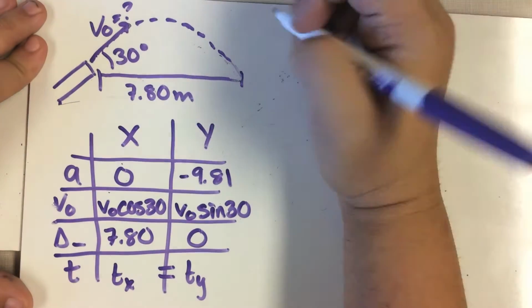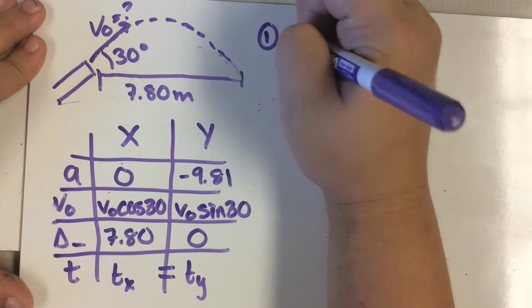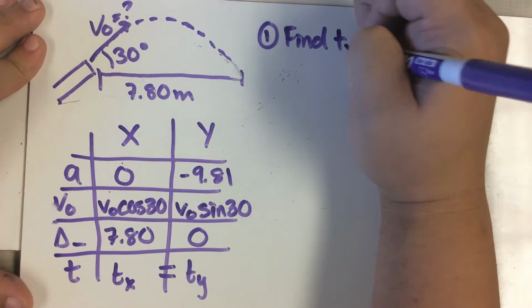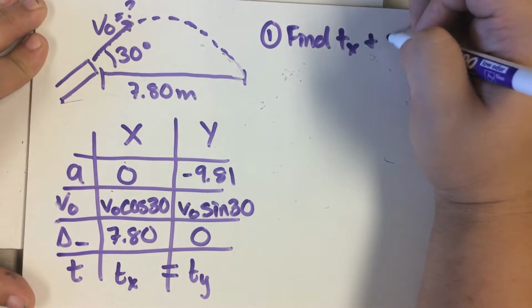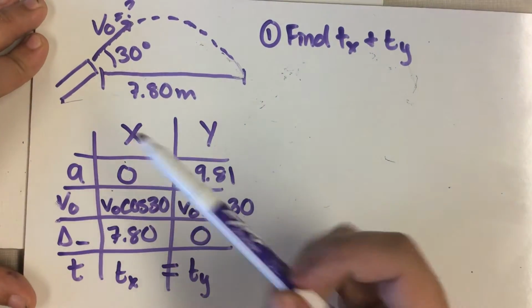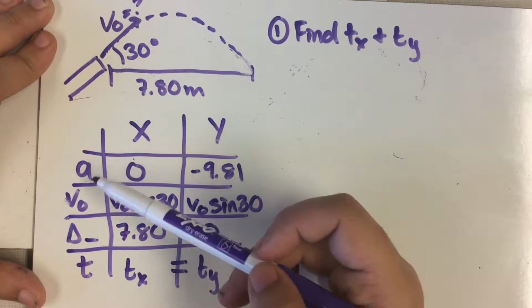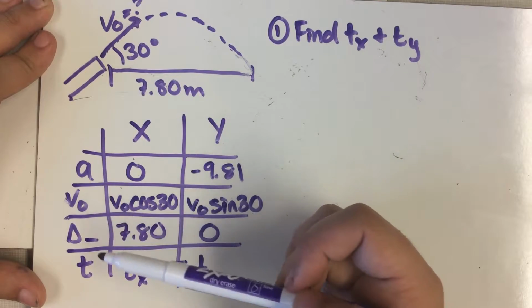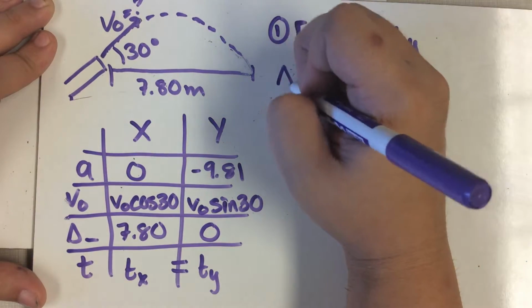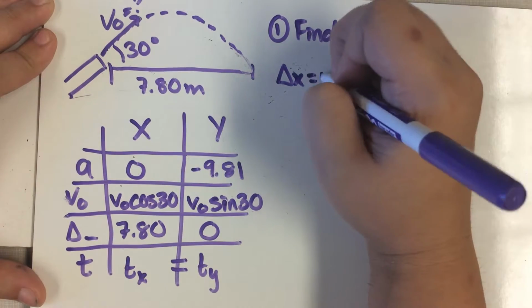So step 1 here is going to be to find tx and ty. For tx, I have acceleration, initial velocity, displacement, and time. So that's going to lead me to the second equation.